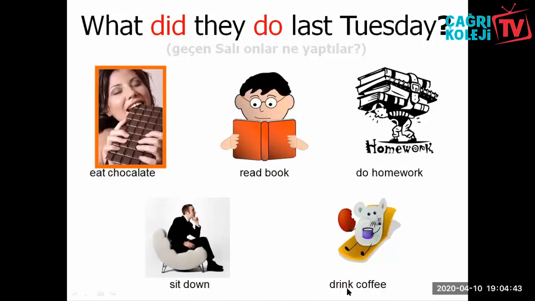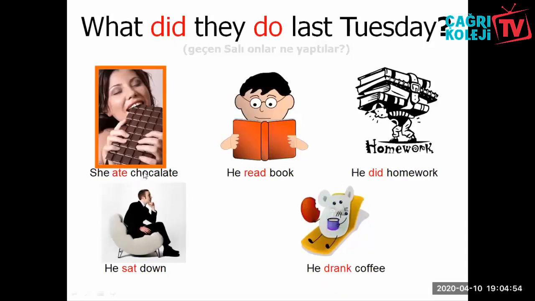Drink changes into drank. Okay, let's see what they did last Tuesday. She ate chocolate. He read a book. He did homework. He sat down, and the little mouse, he drank coffee.